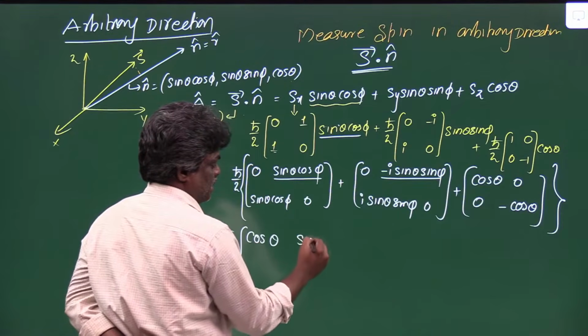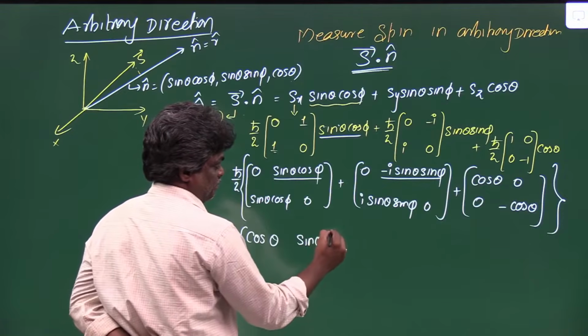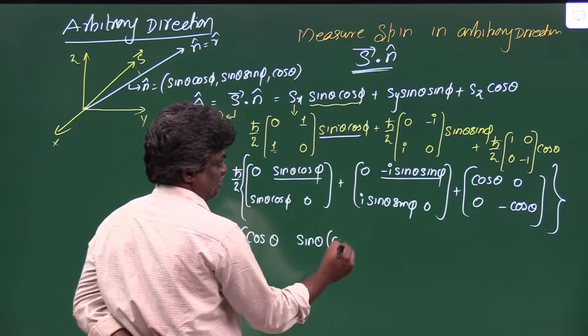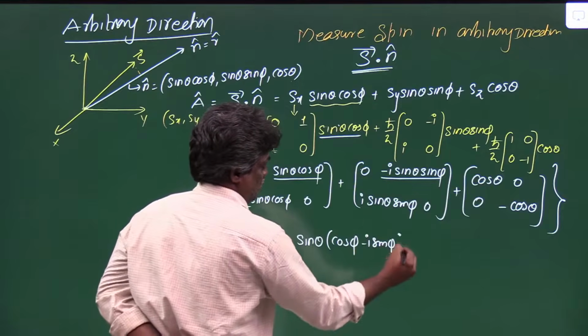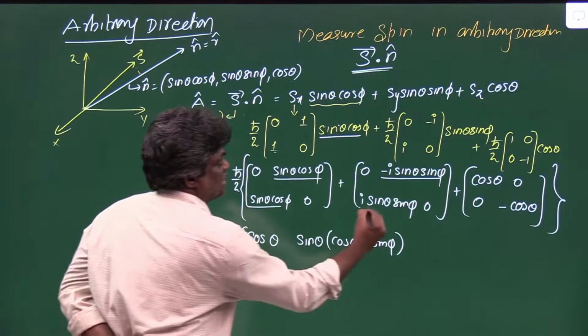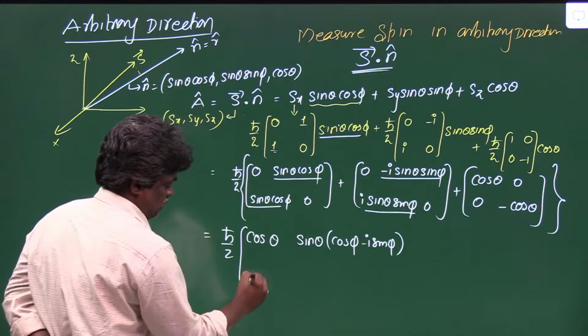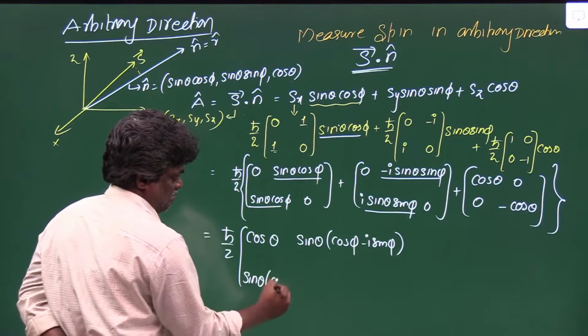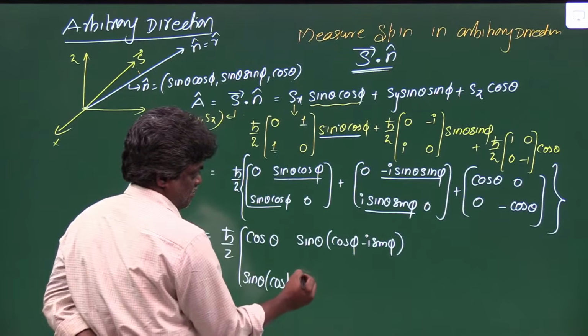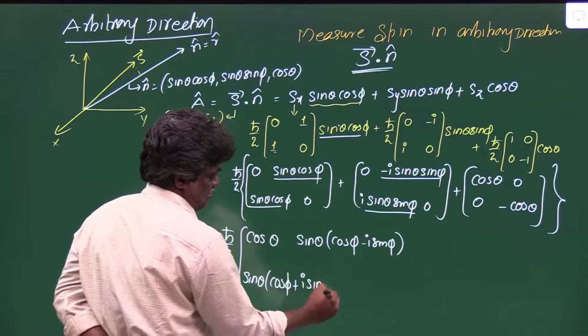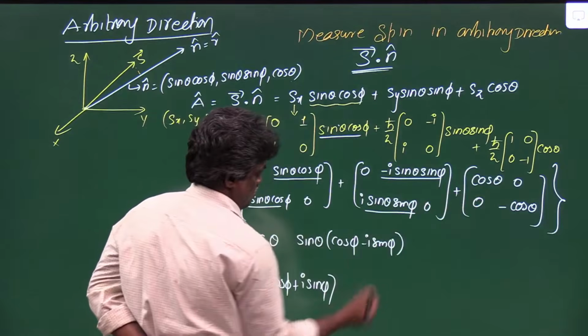With your permission, I will take common sin theta: cos phi minus i sin phi. That's good. Next, here also please take common sin theta: sin theta into cos phi plus i sin phi. Are you bringing e to the power i theta?